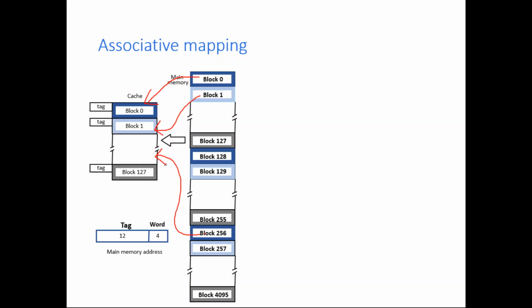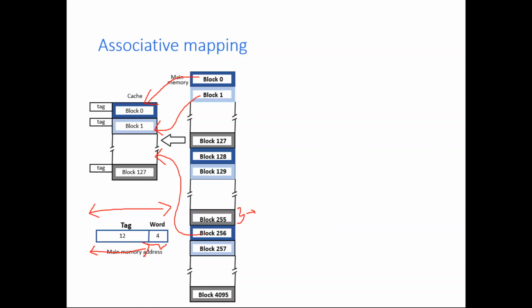Here, how is addressing done? Again we have 16 bits. The least significant 4 bits refer to that particular word, because each block contains 16 words. So the specific words are individually addressed using the last 4 bits. The remaining 12 bits are used to identify the particular block number.